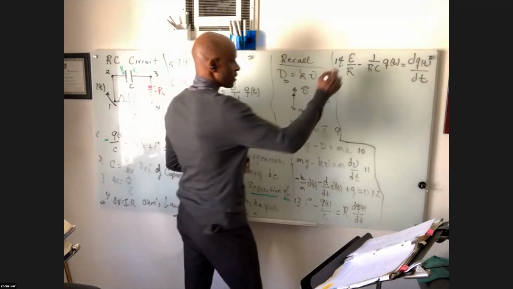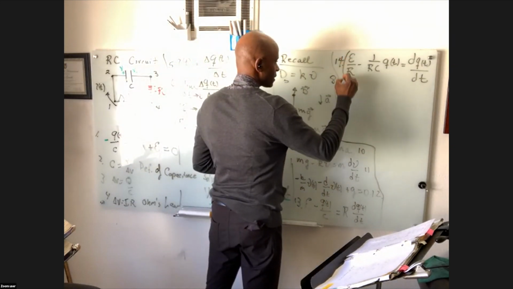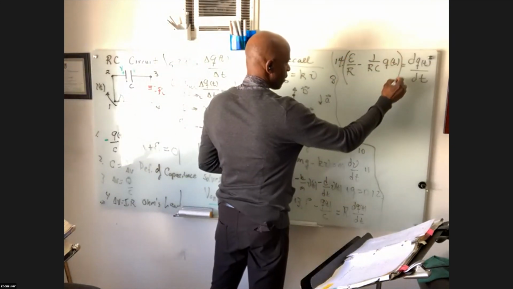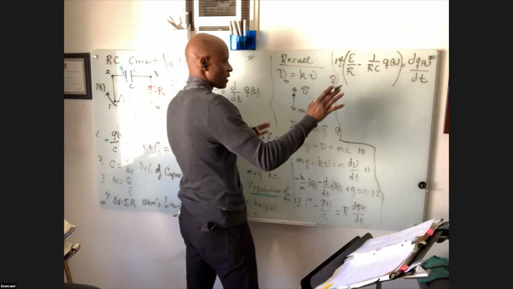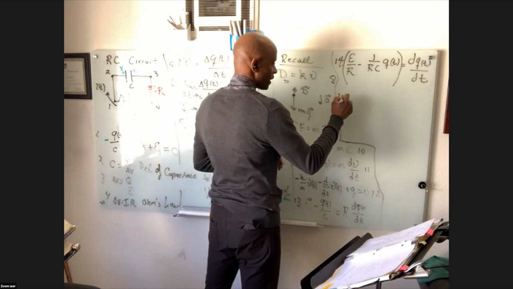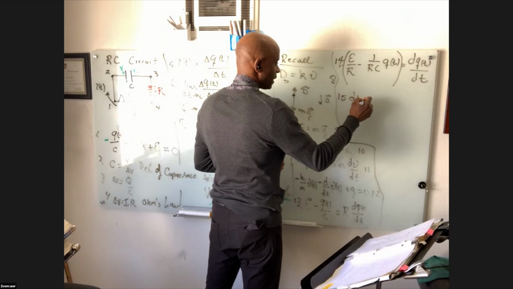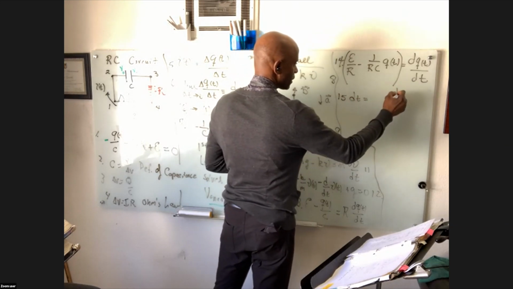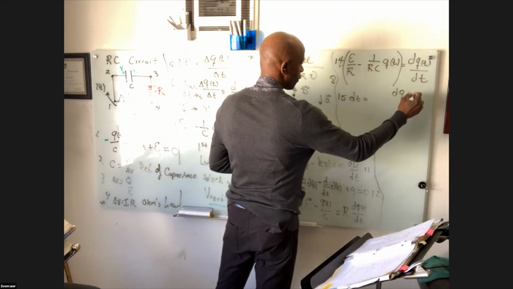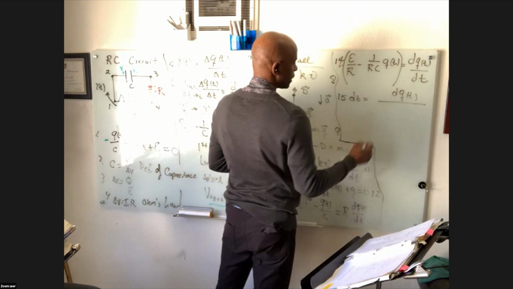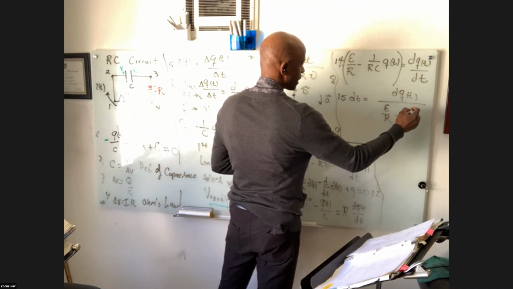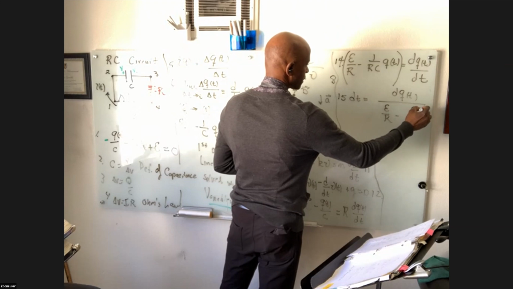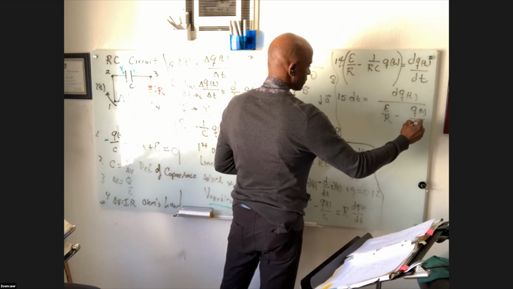I still have to do a manipulation, but all of that in the parentheses, I'm going to divide through that and then multiply through by dt. So I'll have a dt is equal to dq of t over all of that stuff. That's going to be an E over R. This is kind of an interim step, really just to get to my separation of variables.